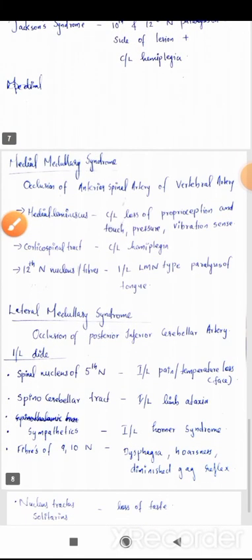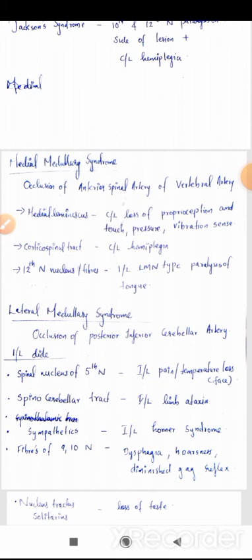Next is the medial medullary syndrome. In medial medullary syndrome, there is occlusion of the anterior spinal artery of the vertebral artery. The medial lemniscus is affected, the corticospinal tract is affected, and the 12th nerve nucleus or its fibers are affected.